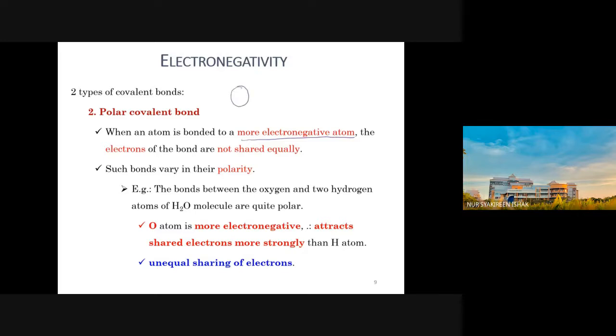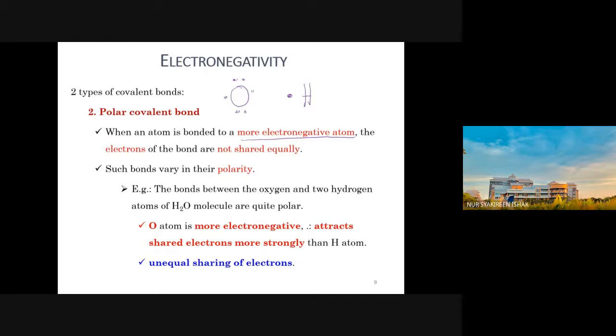Oxygen will have 6 valence electrons: 1, 2, 3, 4, 5, 6, compared to hydrogen atom, which will have 1 valence electron. So oxygen here is more electronegative compared to the hydrogen atom, where it has only 1 electron. So such bonds vary in their polarity.